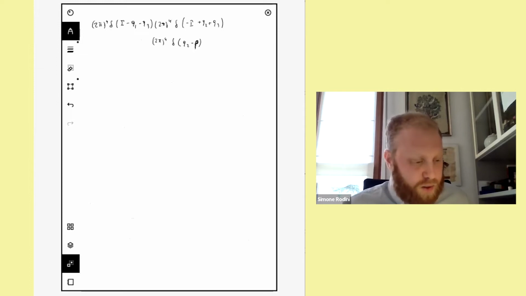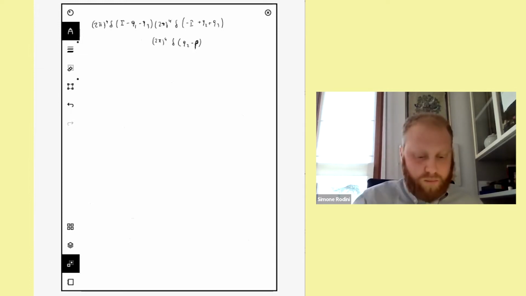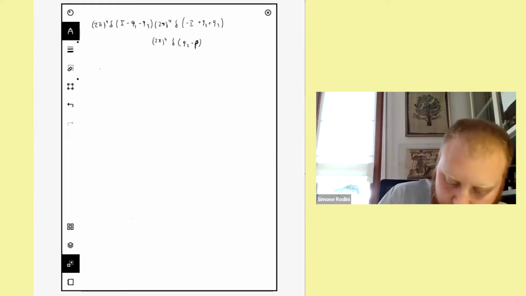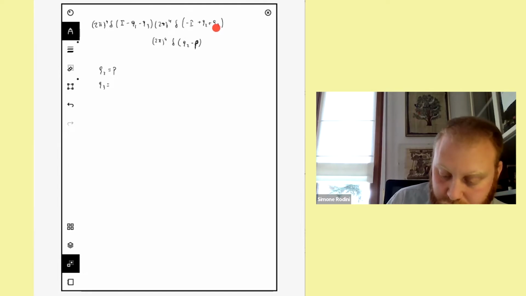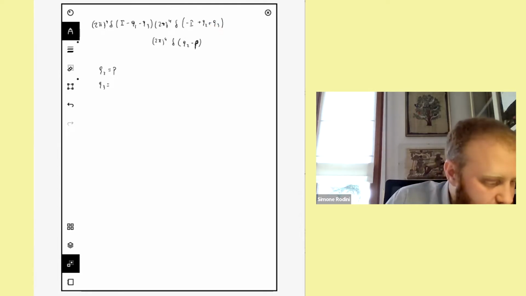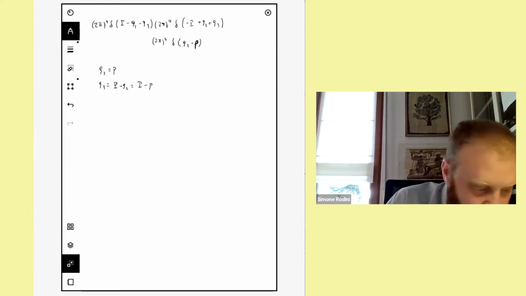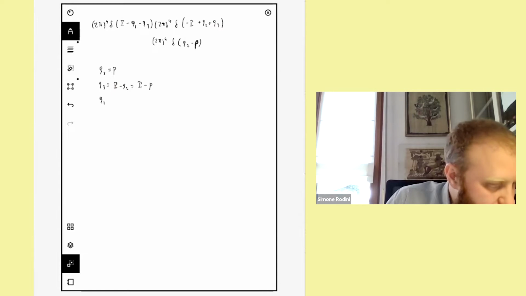So now this is just kind of simple algebra. So this is q2 equals small p. Then you have q3, that is, if you look from here, P minus q2, which is nothing else than P minus small p. And then q1 from the first one you get as P minus q3. This is just small p.